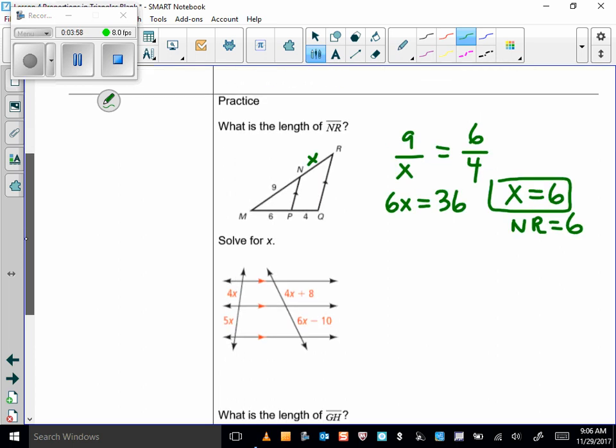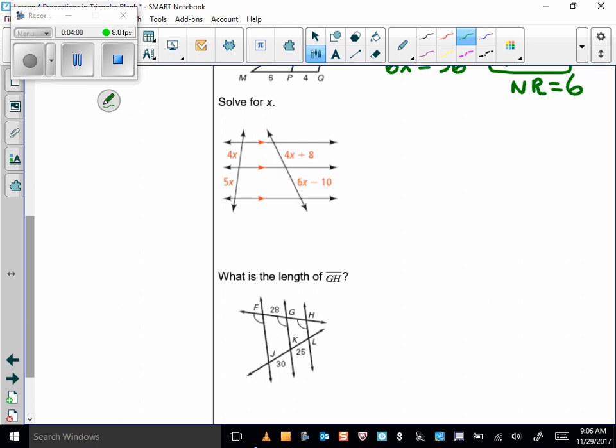Okay. And this one here is the corollary to the side splitter theorem that tells me since those three lines are parallel and they intercept the two transversals, I know that the segments that the sides are divided into are proportional. So 4x over 5x equals 4x plus 8 over 6x minus 10.